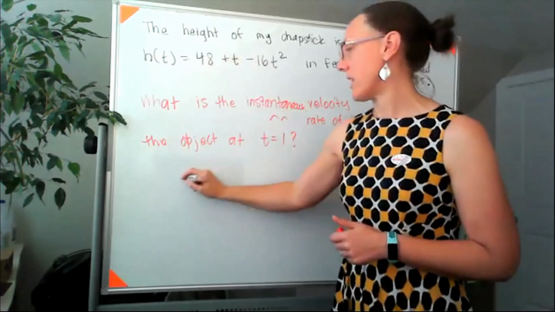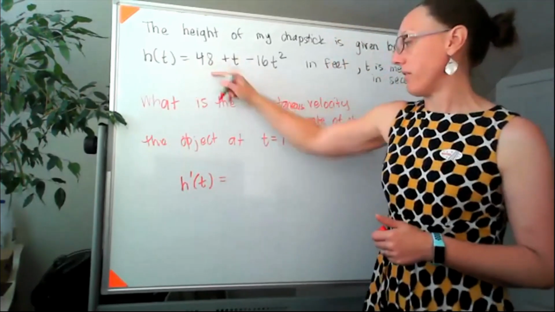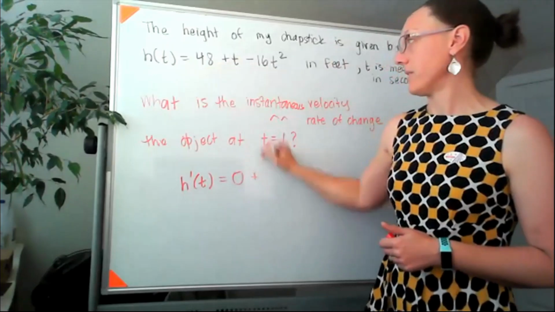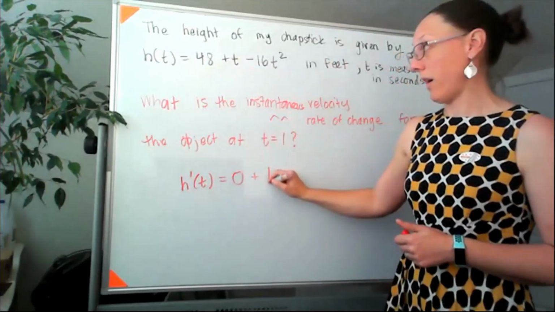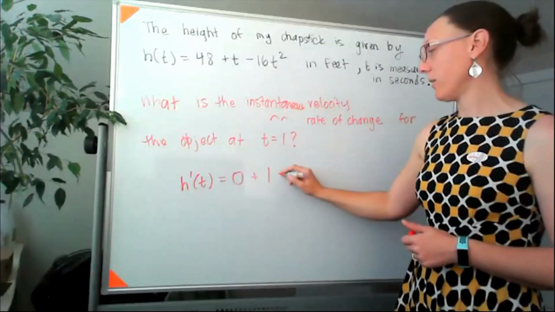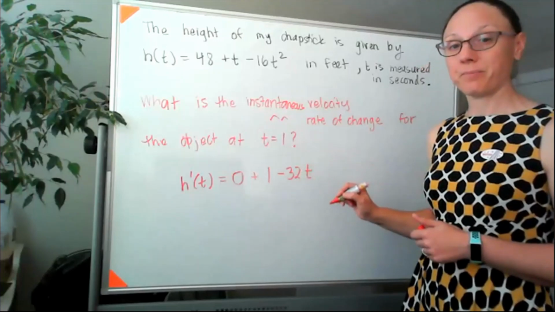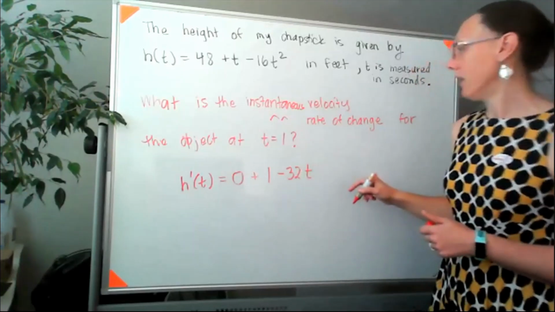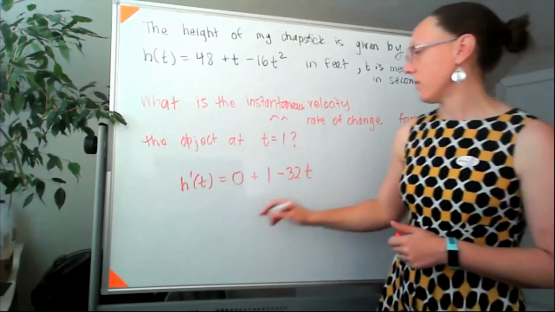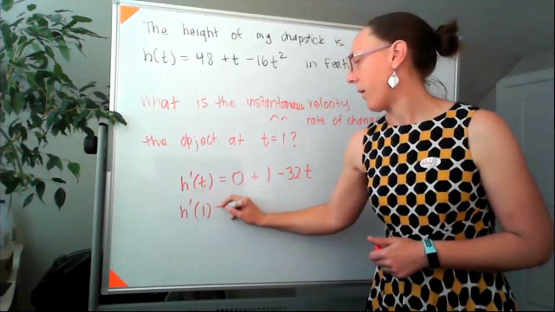If this is h of t, then my h prime of t: derivative of 48 is 0, derivative of t is 1, derivative of negative 16t squared would be negative 32t. And we care about h prime at 1.